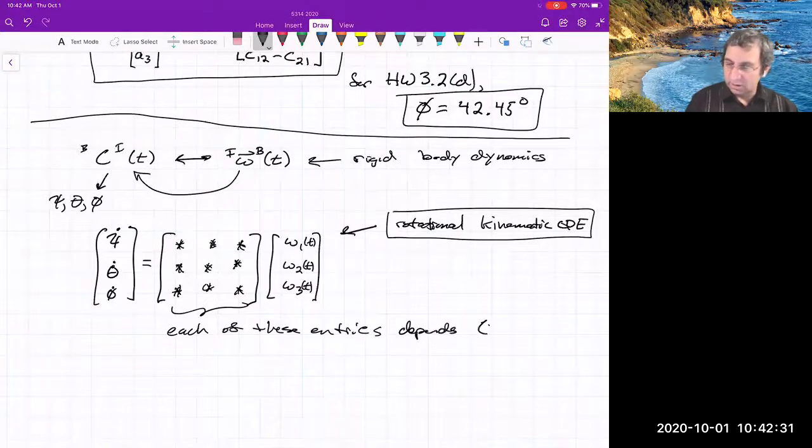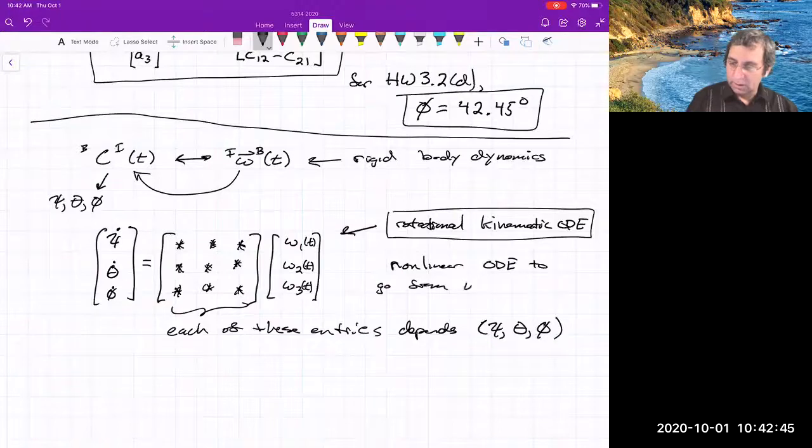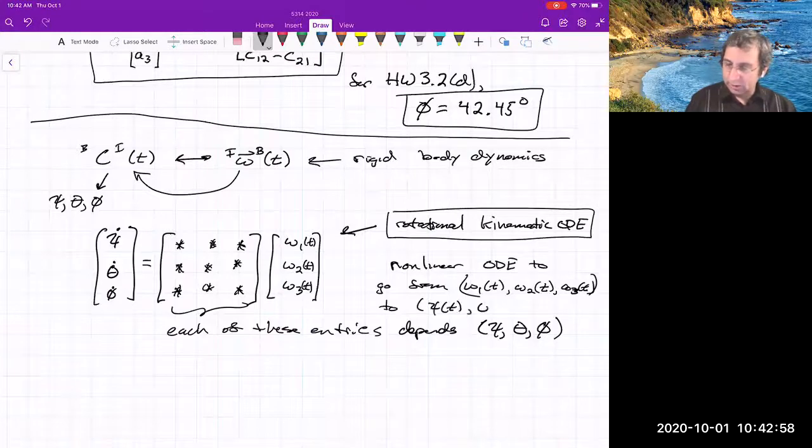So you've got this strange nonlinear ODE to go from the components of the angular velocity as a function of time to how the Euler angles change as a function of time. And then once you have that, you've got your rotation matrix and how that changes as a function of time.